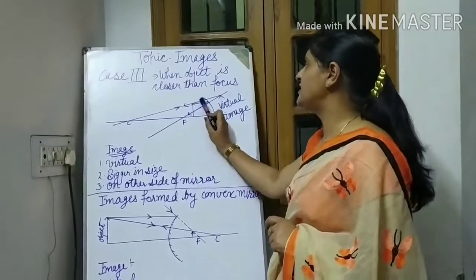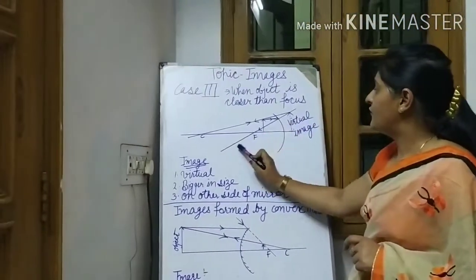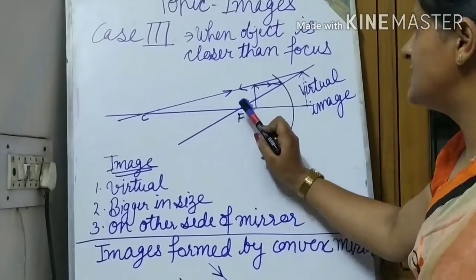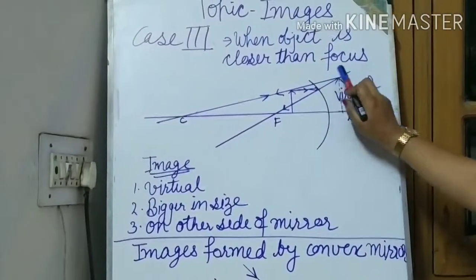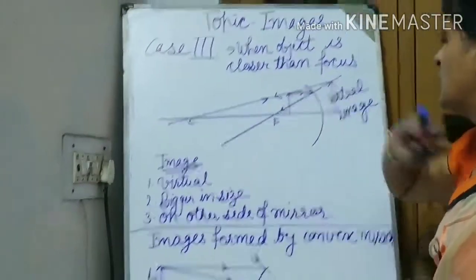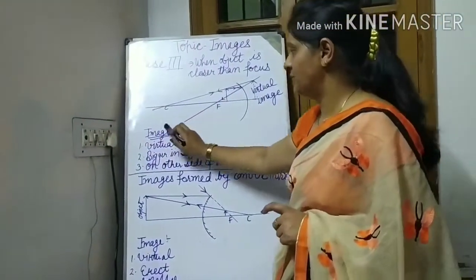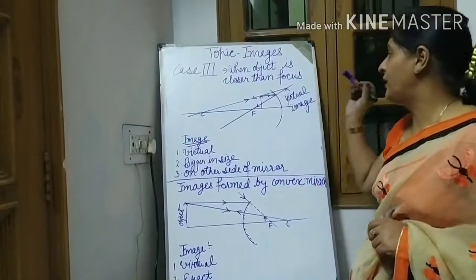Now the ray which is parallel to the principal axis will be reflected through the focus. The ray which is coming from the center of curvature will be reflected back along its path. Now there is no point of intersection, so no image is formed here.